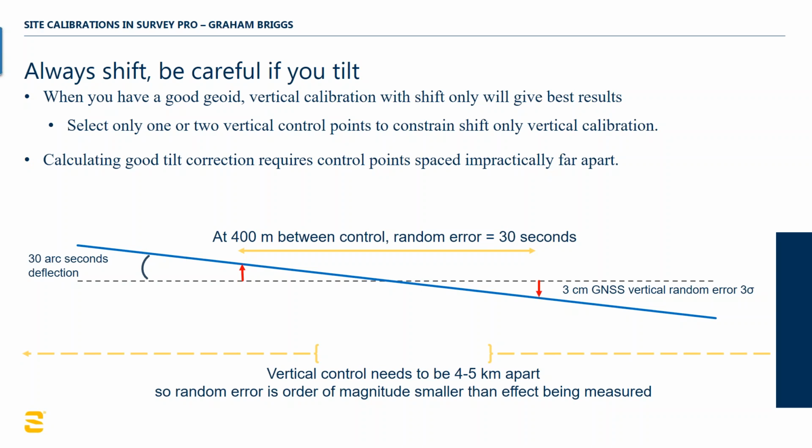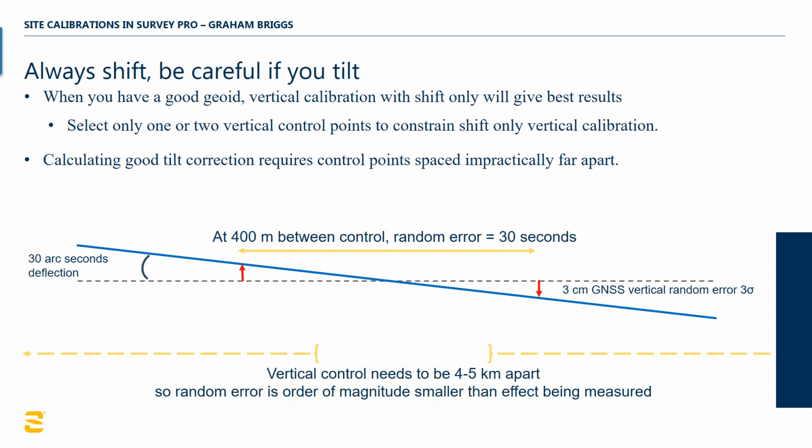Well, you have to have those points separated by at least 400 meters before that 6 centimeters of error is even equal to the effect that you're trying to measure in the first place. So essentially, if your vertical control points are only 400 meters apart, your random measurement error is at least as noisy, if not noisier, than the actual thing you're trying to measure.